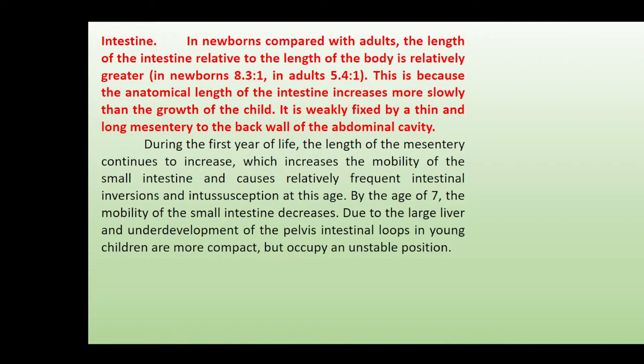By the age of 7 years old, the mobility of the small intestine decreases due to the large liver and development of pelvic intestinal looping. In young children it is more compact, but occupies an unstable position.